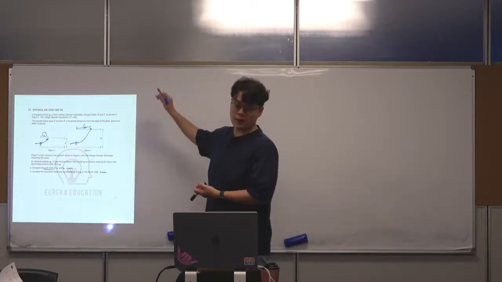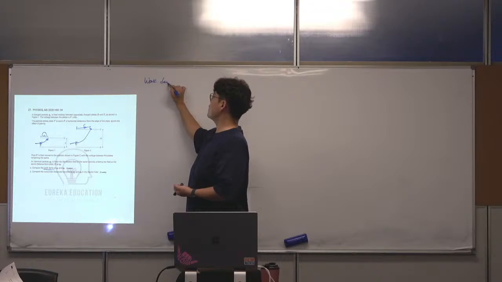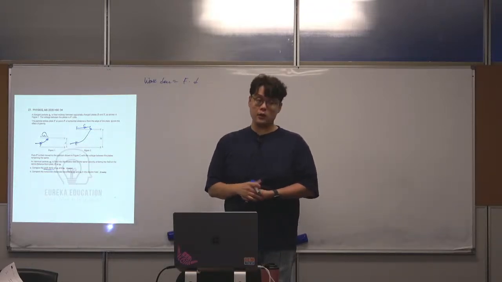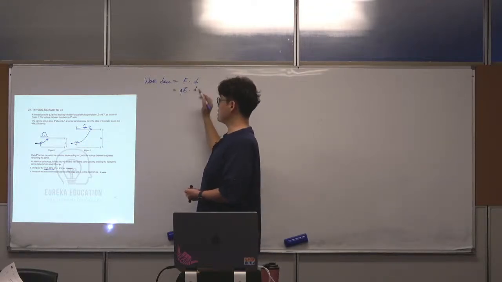So let's think about it here. The work done in physics can be calculated by the force times the distance. As we learned, F is equal to QE times the distance that it will move.